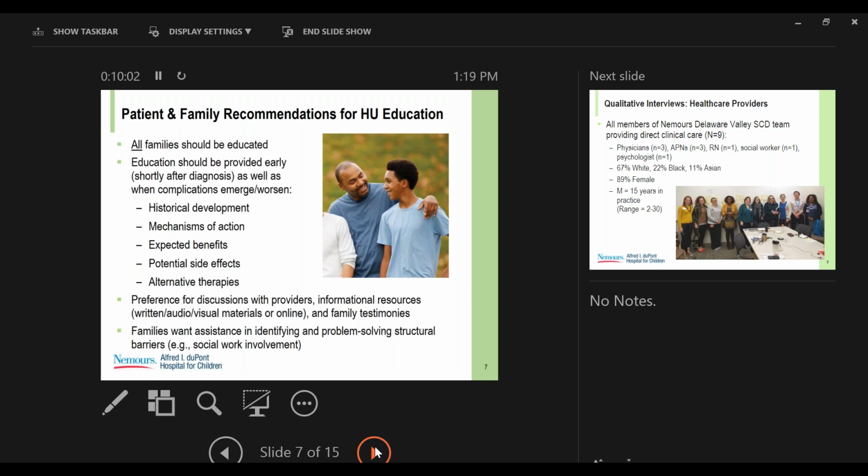And universally, families and patients told us they wanted to hear from other families who had direct experience with hydroxyurea, not just talk to their providers or read research. They really wanted to know what it was like for other families who had experience with this treatment. And they wanted help identifying and problem solving the barriers that often make it difficult to adhere to treatment.